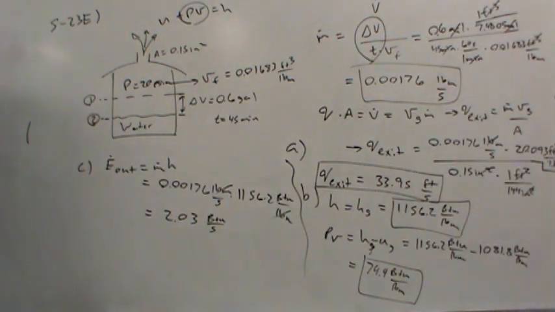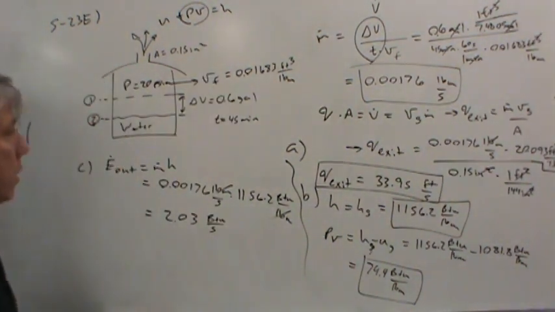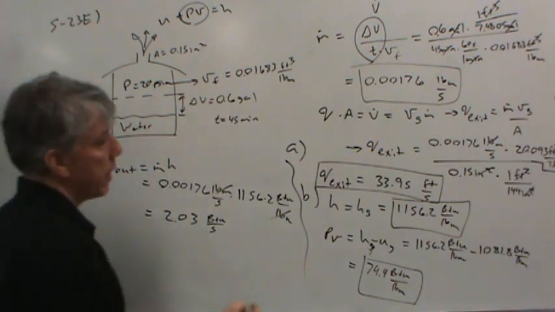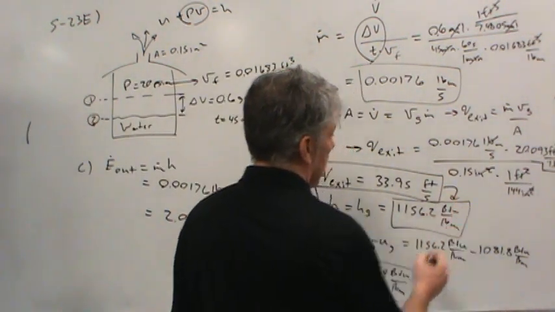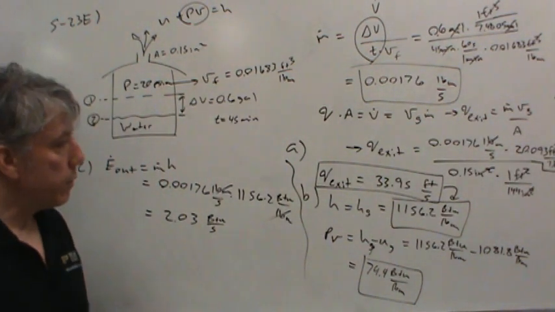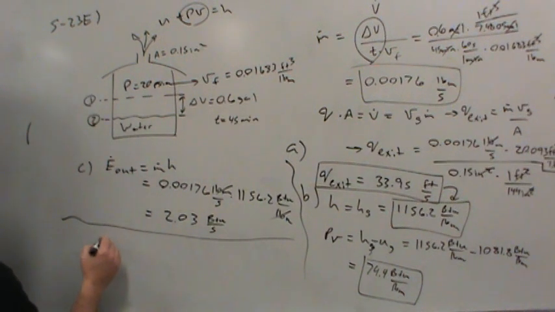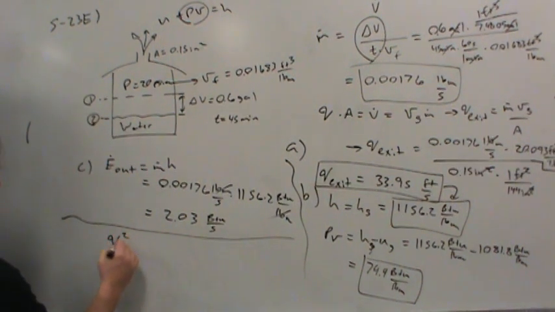Now wait a second. We know the velocity at the exit. Could we calculate the kinetic energy? We could. Let's compare the kinetic energy to the enthalpy and see if it's really all that important. Okay, I'll have to do it over here because I'm out of space. So if we take the specific kinetic energy, that would be v squared over 2, right?